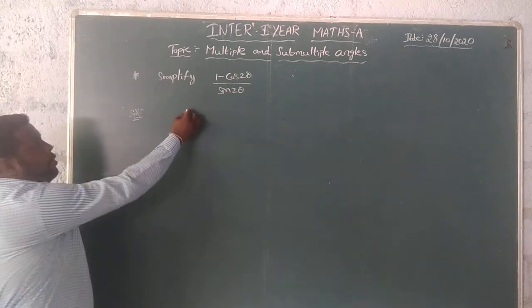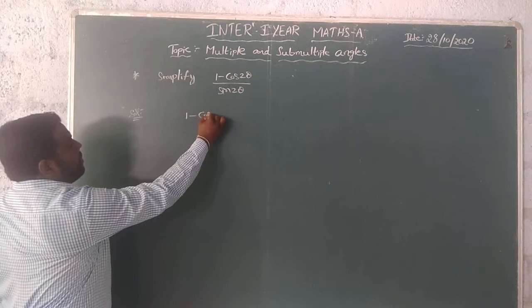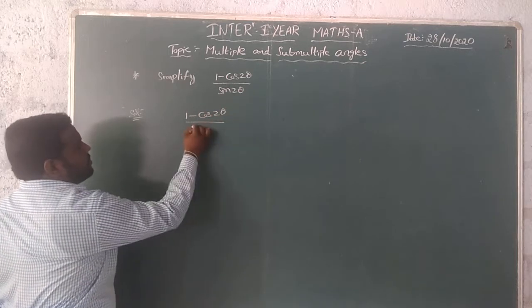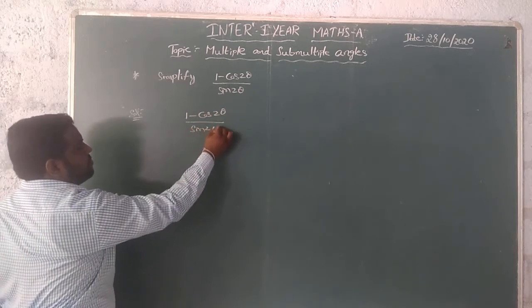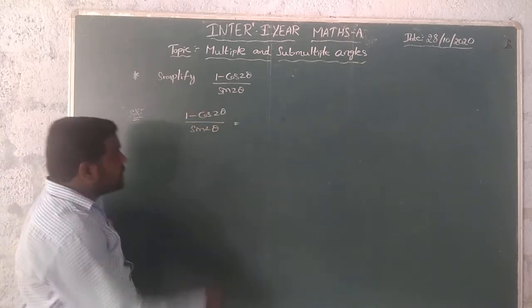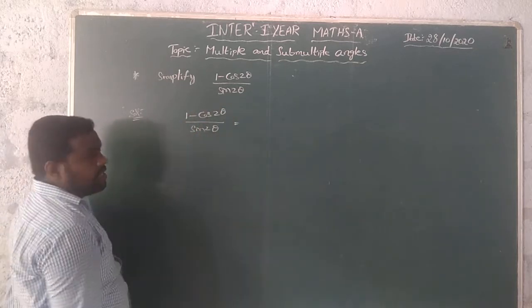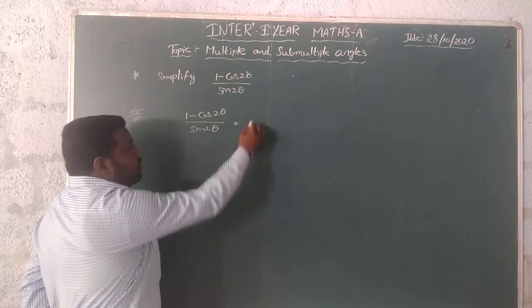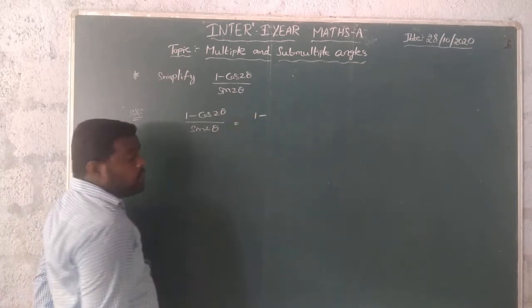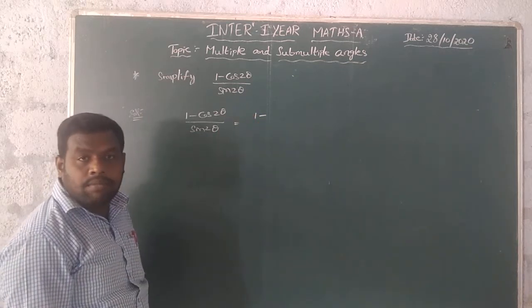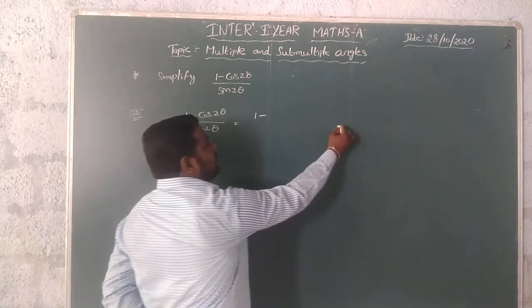Okay, 1 minus cos 2 theta by sin 2 theta. Here cos 2 theta can be written in a different form. We already know the formulas of cos 2a.